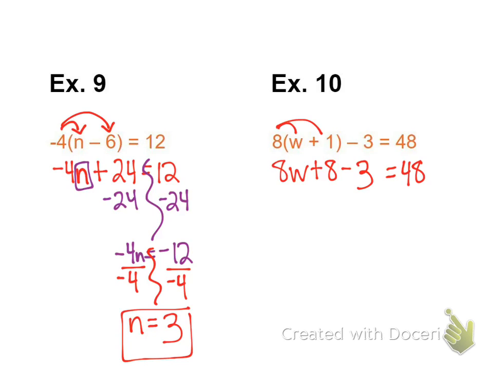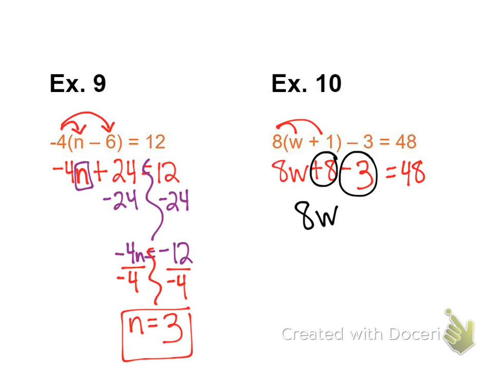Good. We need to combine like terms. So that means that we can combine the +8 with the -3. If they are on the same side of the problem, we can combine them, only if they're already on the same side.